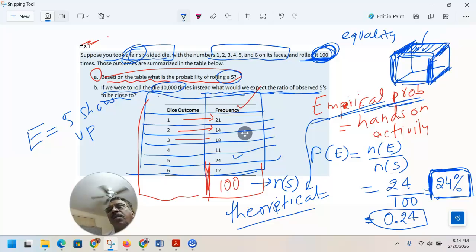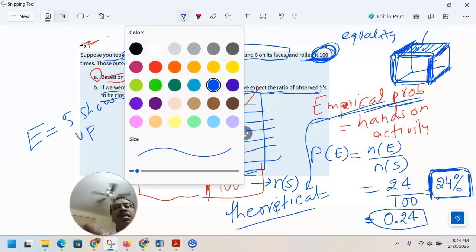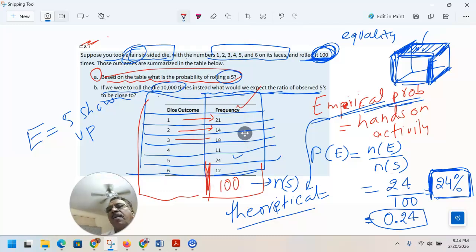So when you roll a die, you know there are 6 possibilities. So 6 is always the denominator, and in the sample space 1, 2, 3, 4, 5, 6, there is only one 5.